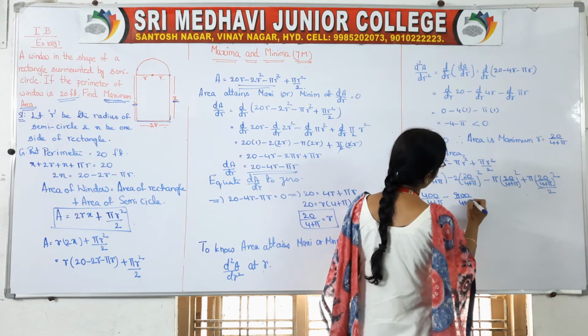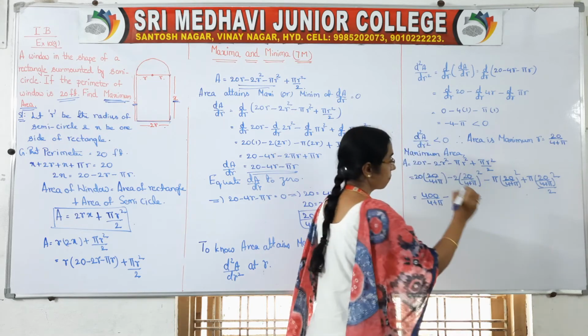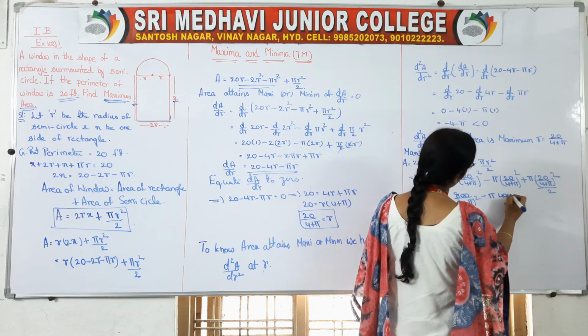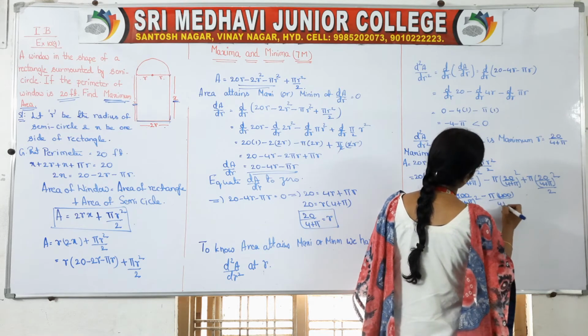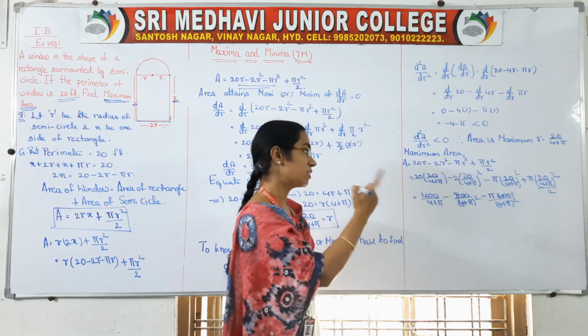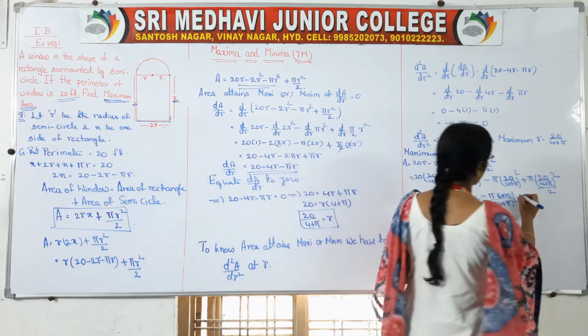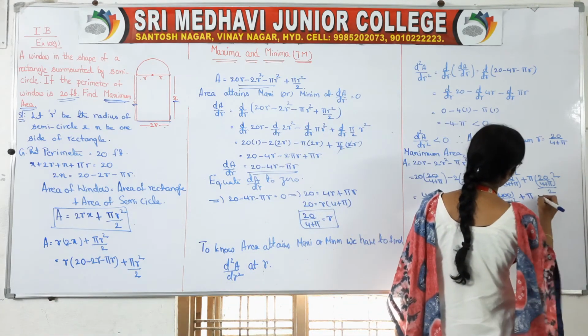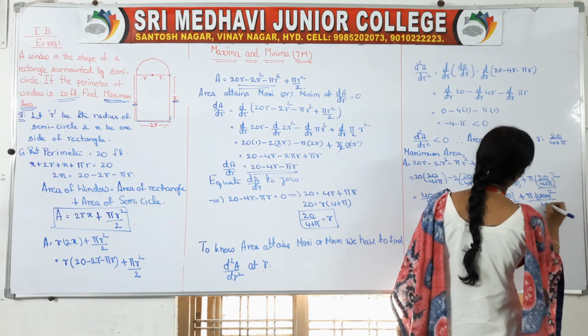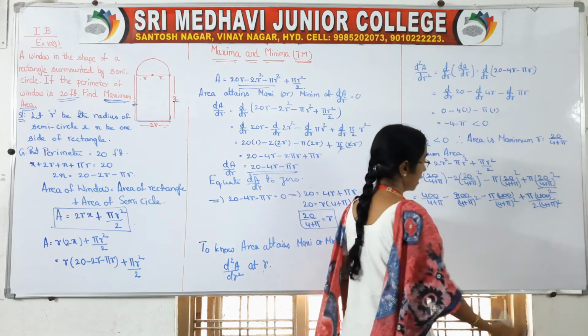Downwards 4 plus pi whole square, minus pi into 20 whole square, 400 by 4 plus pi whole square. Taking the square for numerator as well as denominator, plus pi, same thing, 400 by 4 plus pi whole square, and the 2 is there, the 2 comes here.